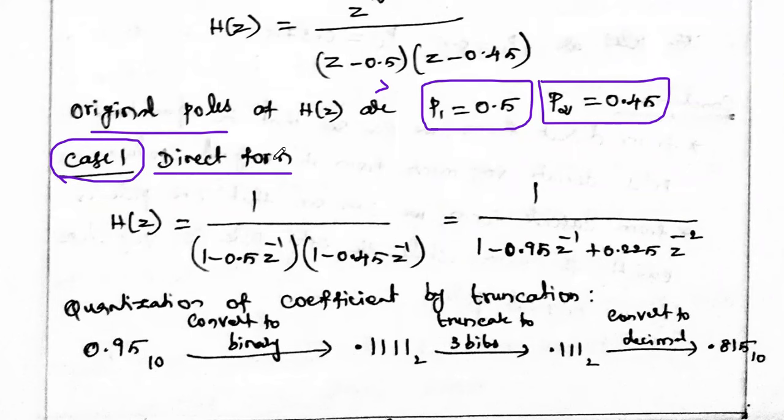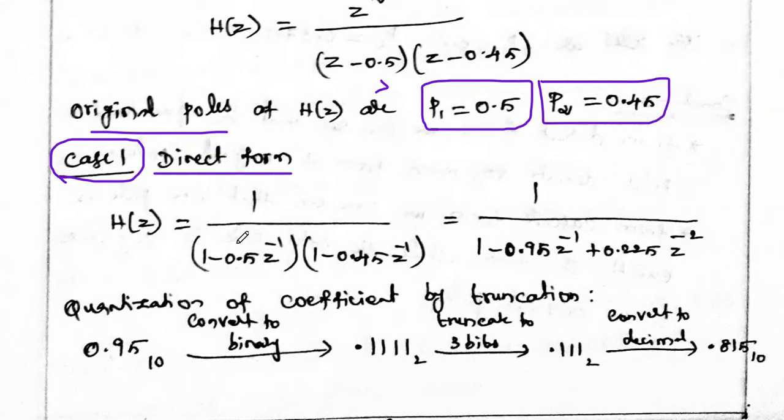If you want to learn from those videos, I will give a link in the description box. You can refer to it. Now we are not going to realize it. If you are realizing this filter in direct form, what about the shift in pole location due to the quantization process? That is what we are going to study.